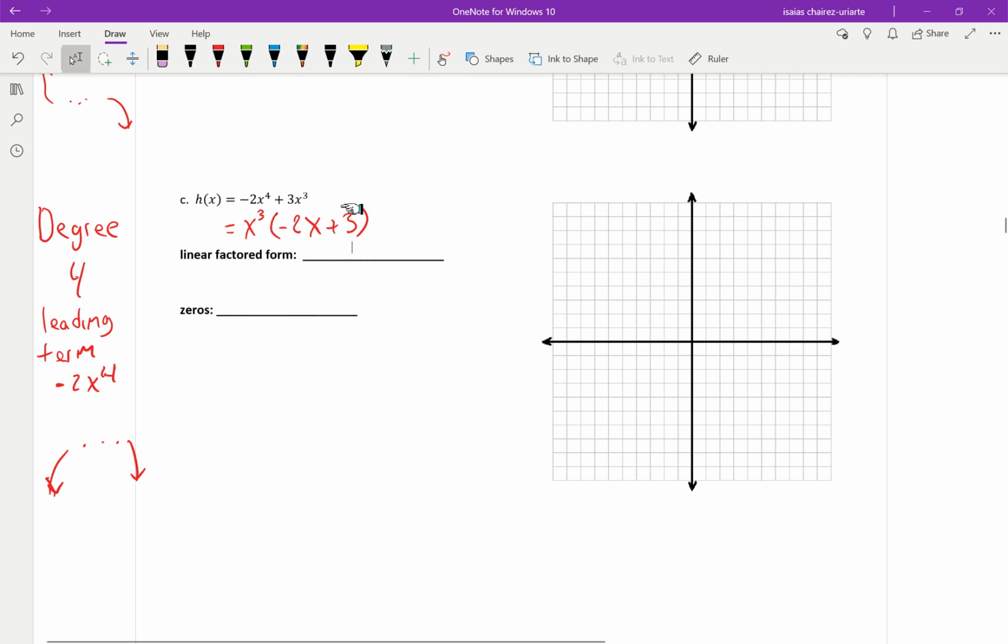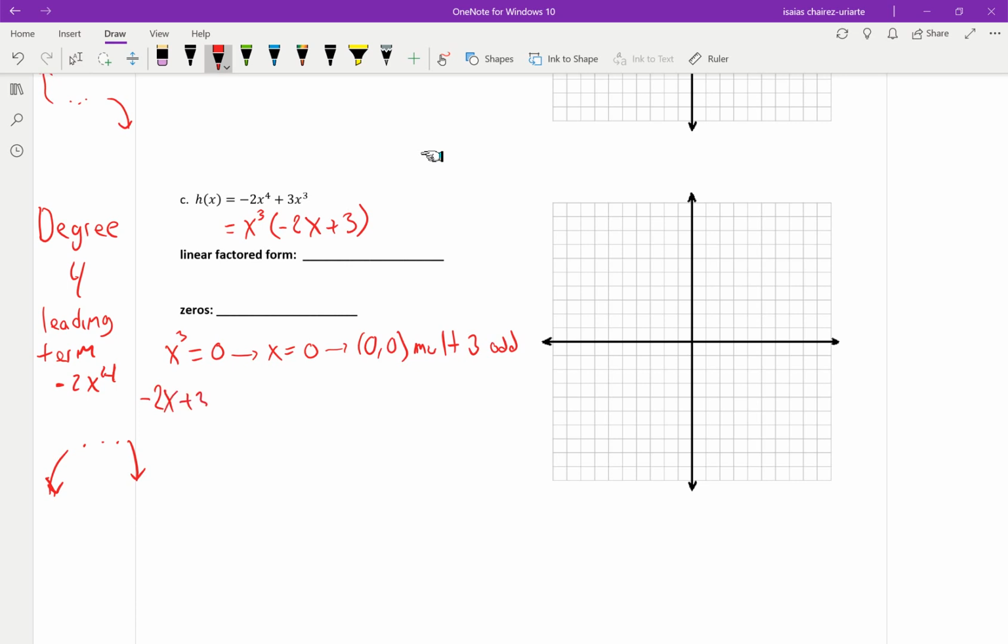All right, so now let me use that to help me find my x-intercepts. So I'm going to set x cubed equal to 0. That would say that x equals 0, which would imply that (0, 0) is my x-intercept, and it has multiplicity 3, which I guess is odd. Then in order to find the other x-intercept, I would have to set the other factor, negative 2x plus 3, equal to 0 and solve for x.